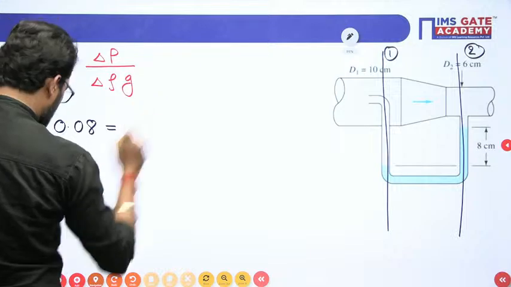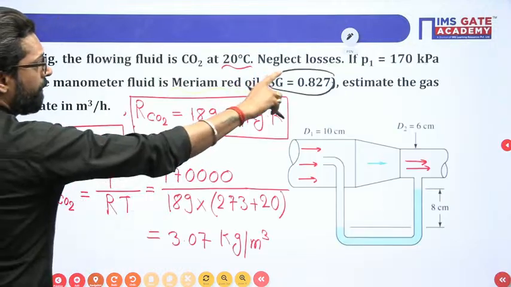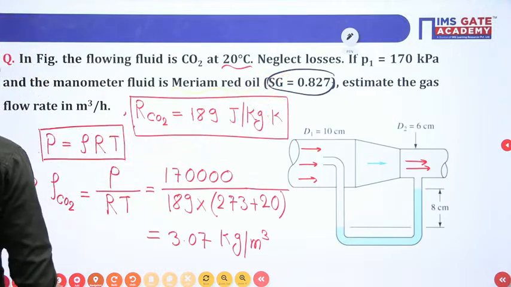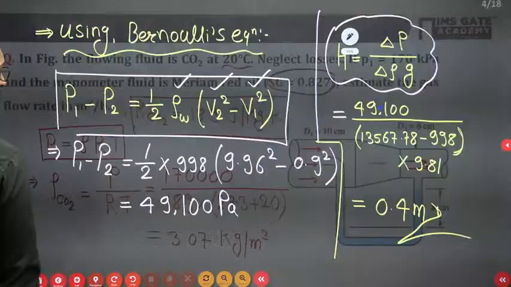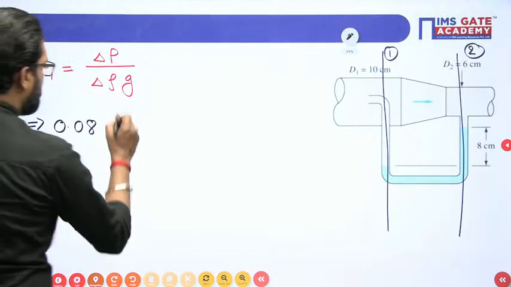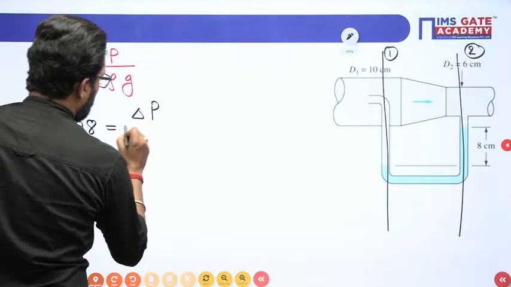So P1 is given in kilopascal. How much is it given, beta? First we find delta P, then we substitute, no problem.